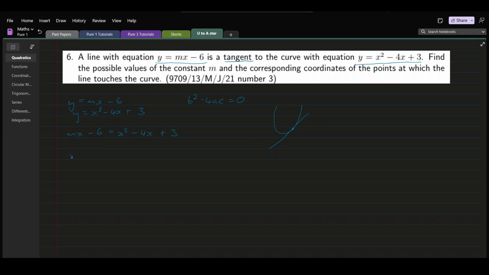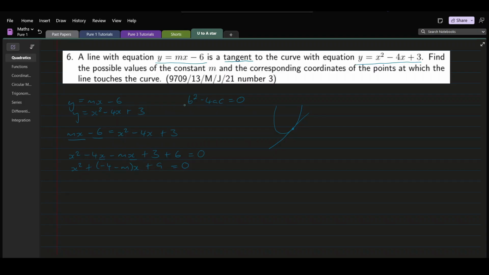Let's put everything on one side. x squared minus 4x, move this to the right hand side, minus mx, plus 3, move this to the right hand side, that's plus 6, and this is all equal to 0. So this becomes x squared plus, we're going to factor out an x here, so that's negative 4 minus m, then you've got x. 3 plus 6, that's plus 9, is equal to 0.